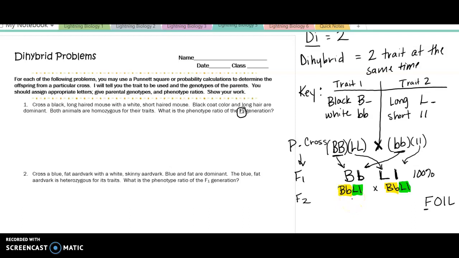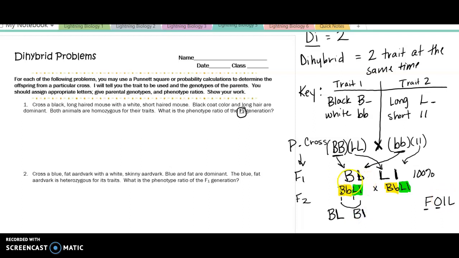So the first allele would be the big B and the big L. So it could give big B, big L. That could be one possibility. It could give the outside. That would be the big B with the little l. So the big B could line up with the little l. That's another possibility that could end up in the gamete.